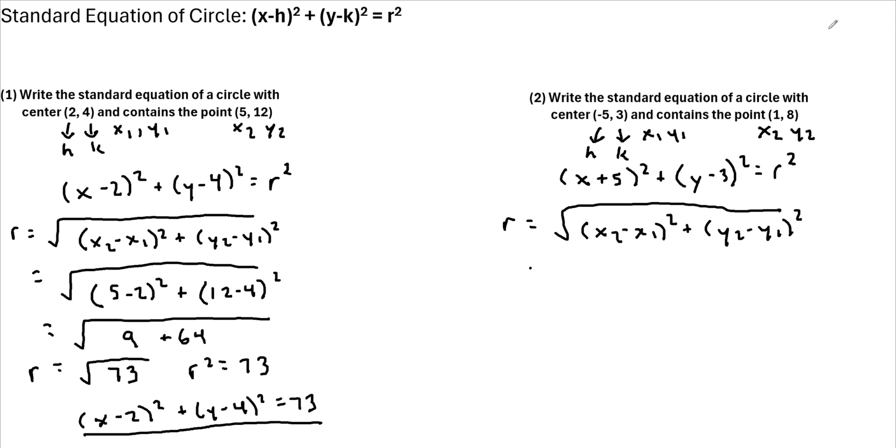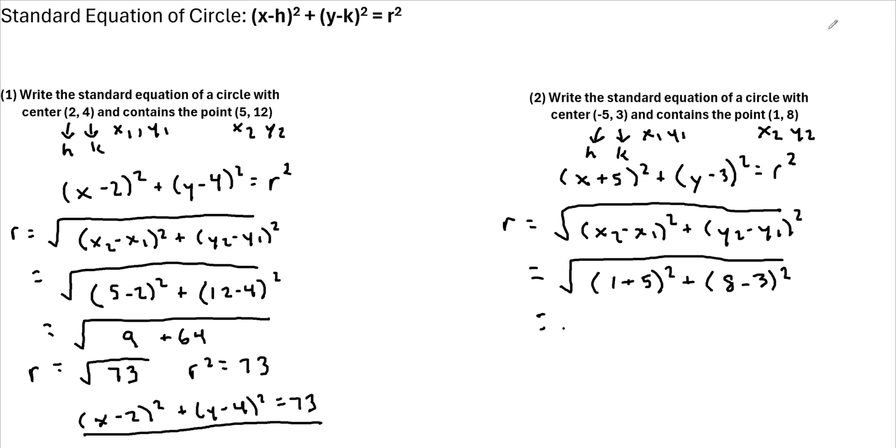So let's do that. x2 minus x1: x2 is 1 minus a negative 5, so 1 plus 5, squared. Plus y2, which is 8, minus y1, which is 3, squared.